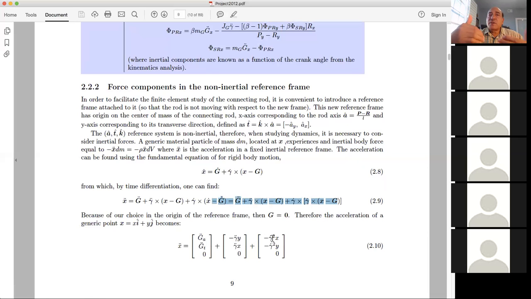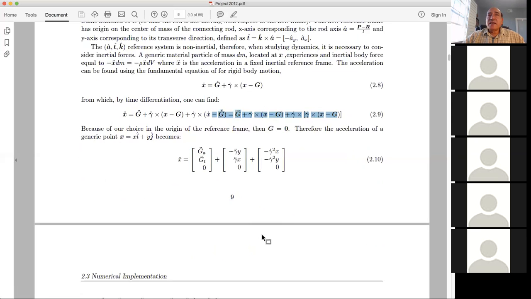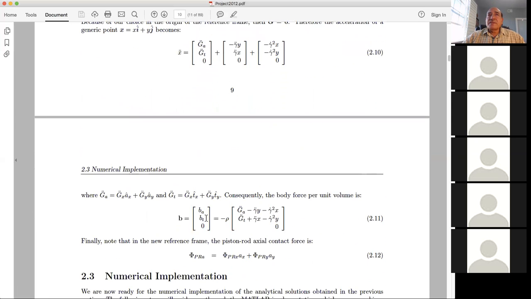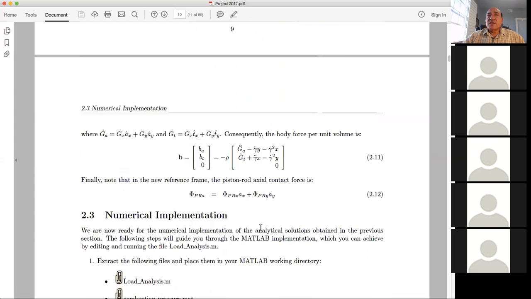So from equation 2.10, multiplying by the mass of the connecting rod gives us the body force in the axial direction and the body force in the tangential direction. Those now are to be used in constructing the total force distribution on the connecting rod.